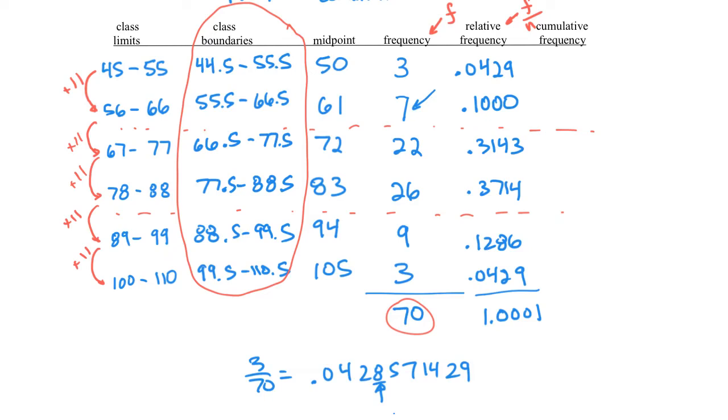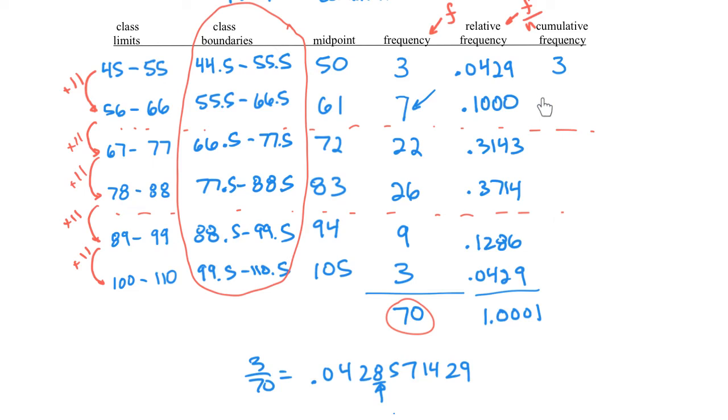If you look at this first class, we've got 3 data points. So by the end of the first class, 45 to 55, we have a total of 3 pieces of data. Now for the second class, we add this class in, and we pick up another 7.